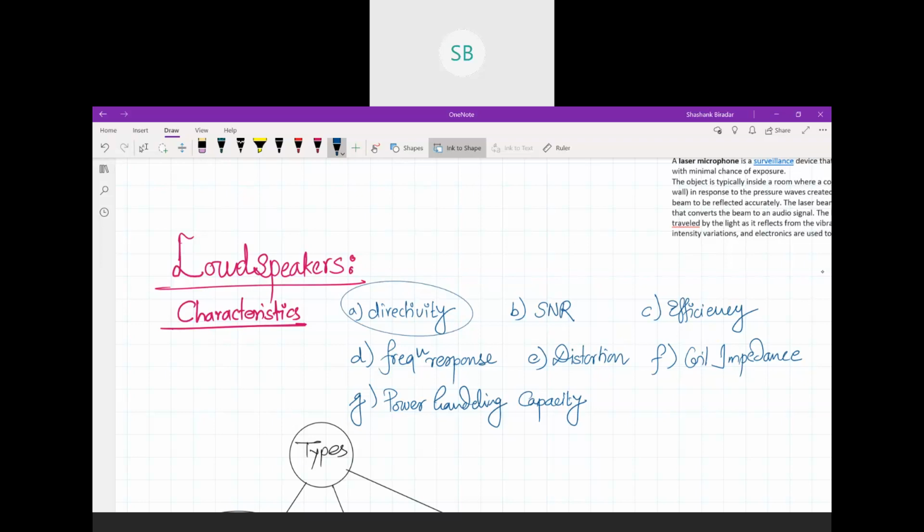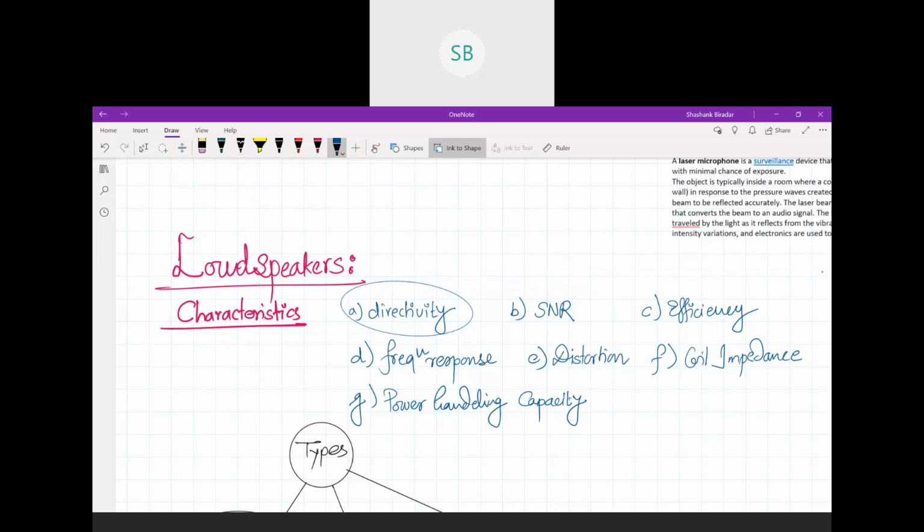Similarly, we keep the microphone steady and rotate the speaker throughout 0 to 360 degrees, and we plot the values of output power on the directivity graph, so that we can get the directivity pattern of the loudspeaker.